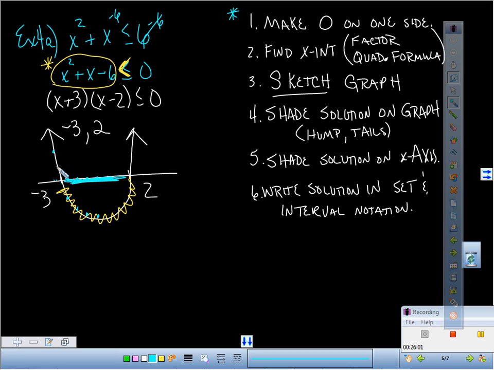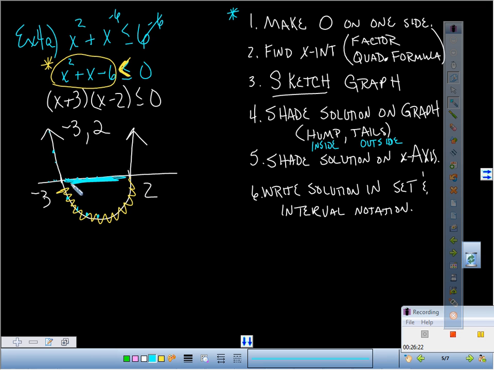And this is the x that gives you this y. So over here, where's the hump? Where are those x's always going to be? On the inside. Where are the x's that give you the tail? On the outside. Okay, so you can make a little cheat sheet like that.